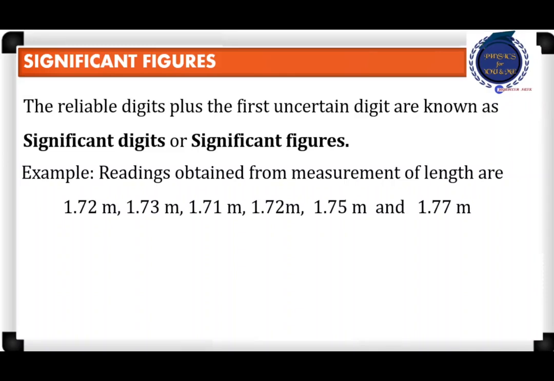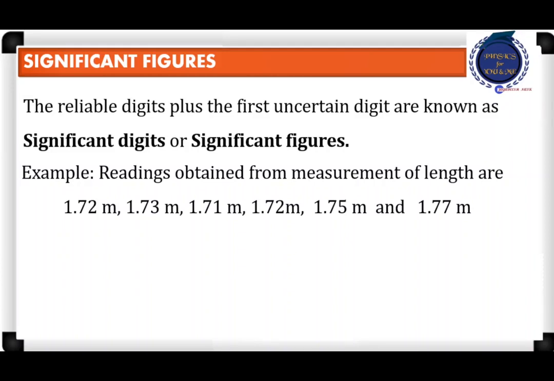We can see that the first 2 digits, 1 and 7, are common in every reading, but the last digit changes from reading to reading. That means it is the uncertain digit. The first 2 digits which are repeated are reliable, and the last one, which is changing from reading to reading, is uncertain.